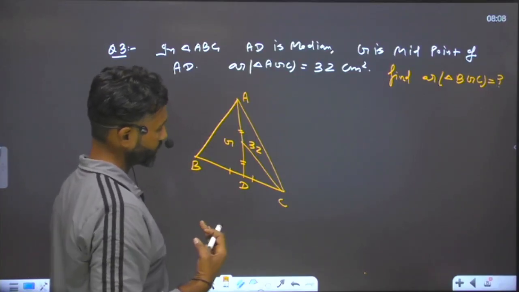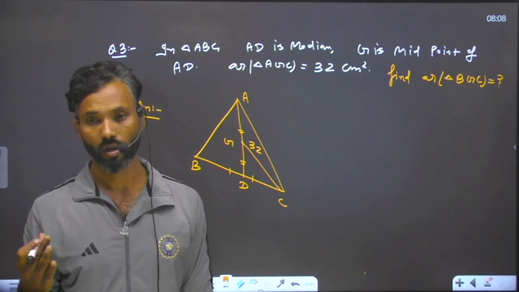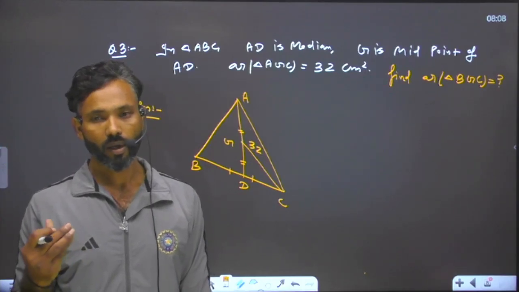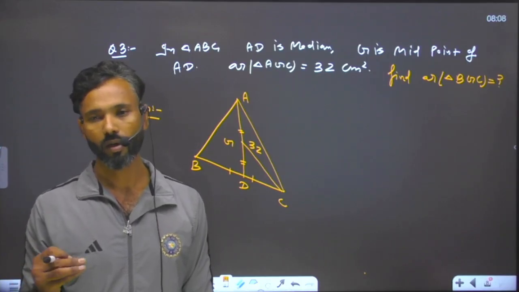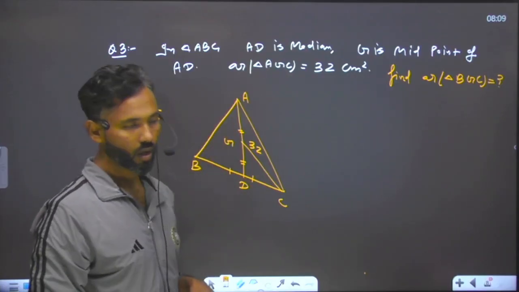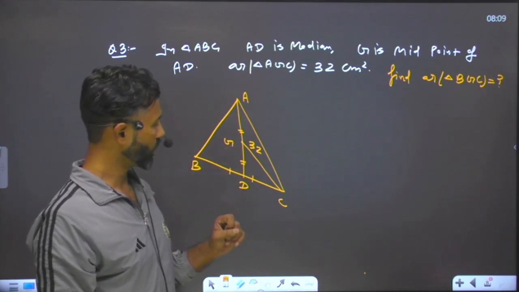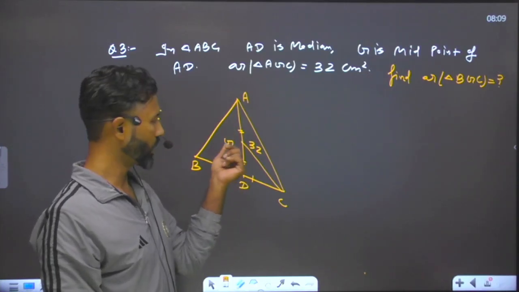But tell me, we have discussed a property when we were discussing the area of the triangle. We discussed that if the base of a triangle is divided into two equal parts, then the areas will be divided into equal parts. See over here, ADC is a triangle and AD is one of its sides, and G is a point on AD, and G is bisecting AD, meaning it is divided into two equal parts.